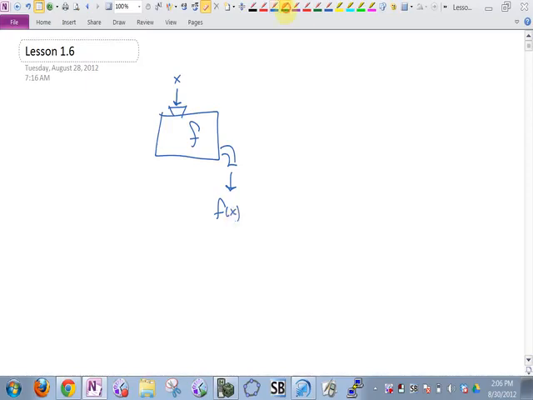So our method is going to be creating a new function that takes f of x's as inputs and spits out x's. Okay? And we call this the inverse of the function f, or f inverse.